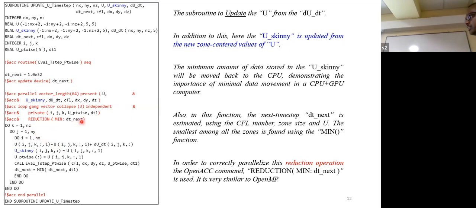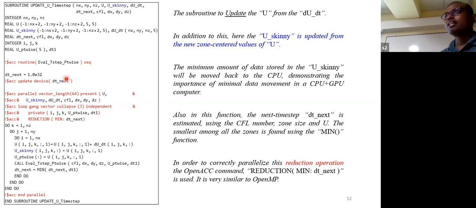This is enough. The situation is very similar to OpenMP, and OpenACC will take care of itself. That is all. And once again, the dt next is assigned on the GPU as some much larger value before we minimize, and it is updated on the device with the ACC update dt next. Sometimes if you do not remember to do the update device, the compiler will not complain.